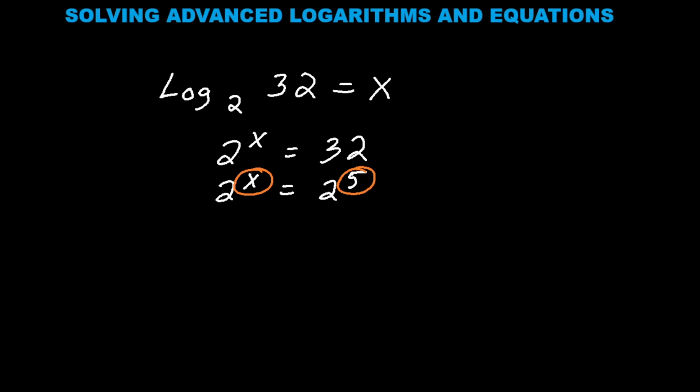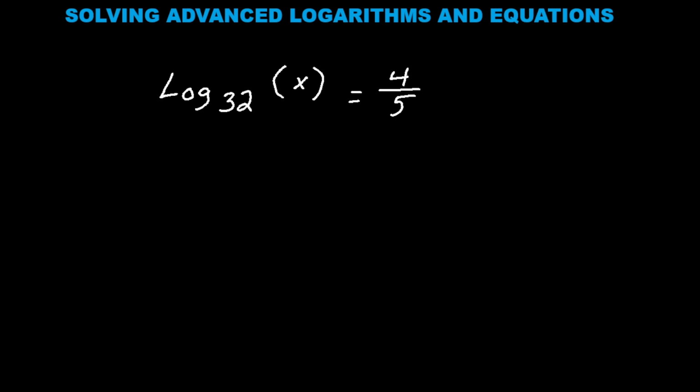In this logarithmic equation, we see that we have log base 32 of x equals 4/5. So what this problem is saying is that 32 raised to the 4/5 power equals x. Well, we want to do this in 2 separate steps. First, I want to pull this apart.